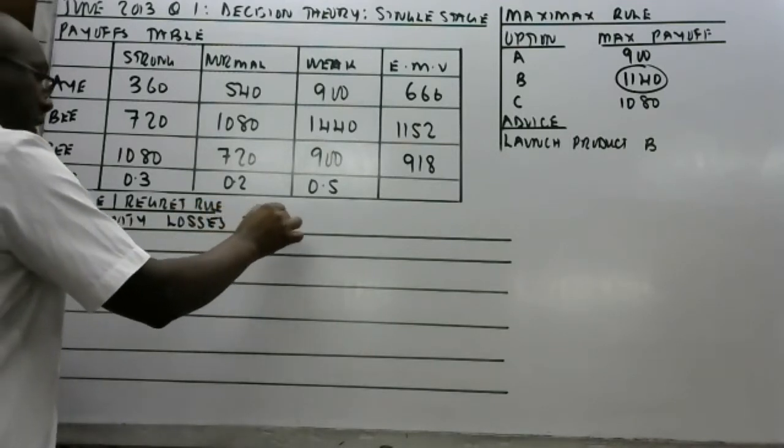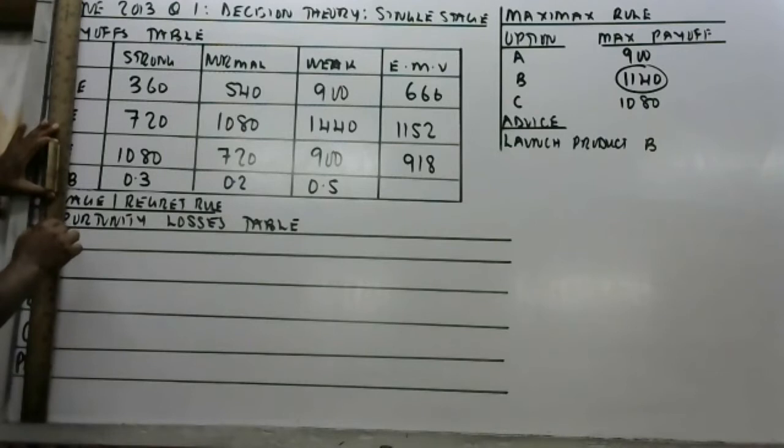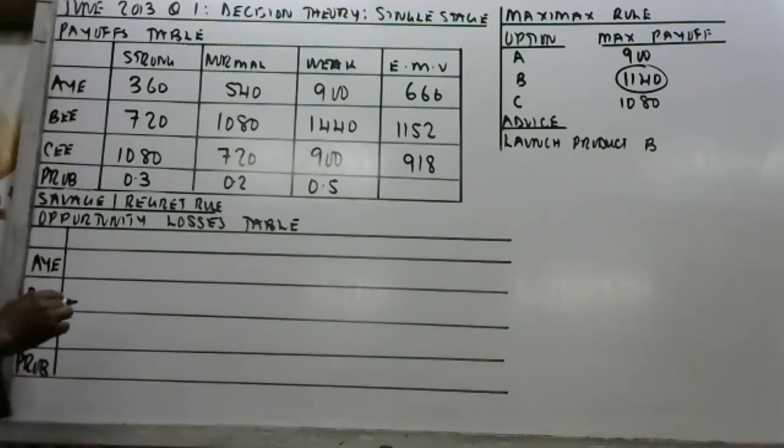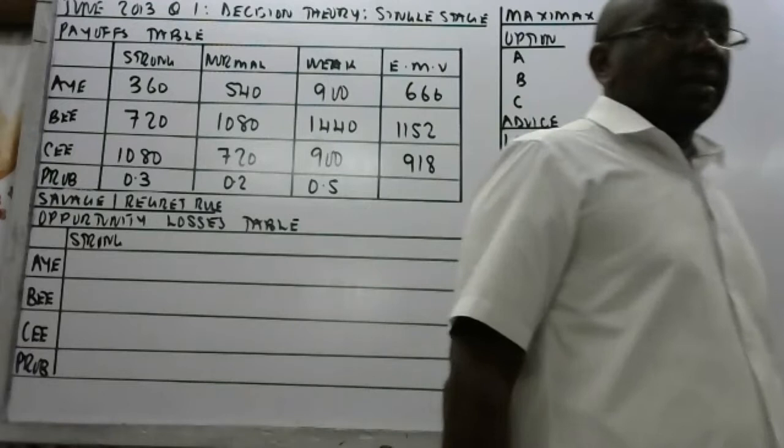The opportunity losses table is created like this. We have A, B, C. Then we have the probability. So design up to there, then close the columns depending on the space that is required.